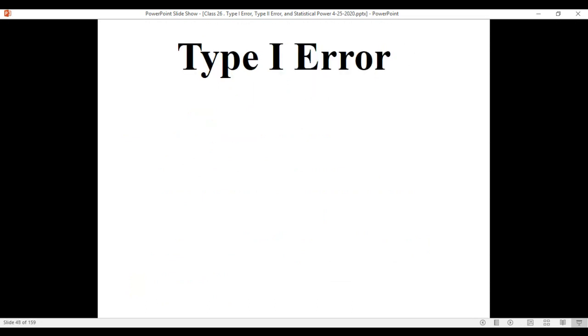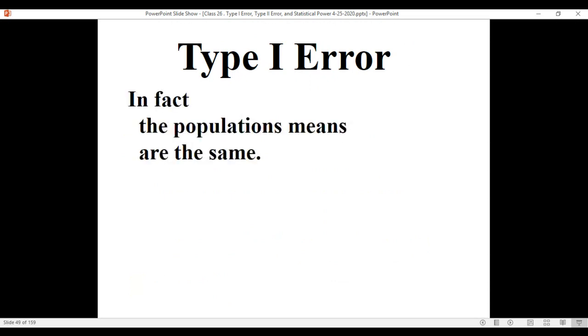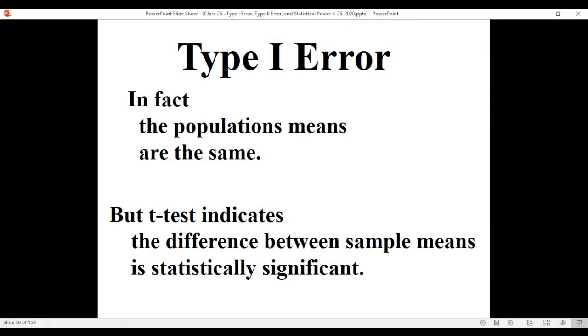Now, let's start with type 1 error. A type 1 error occurs when, in fact, the population means are the same, but the t-test indicates that the difference between the sample means is statistically significant.